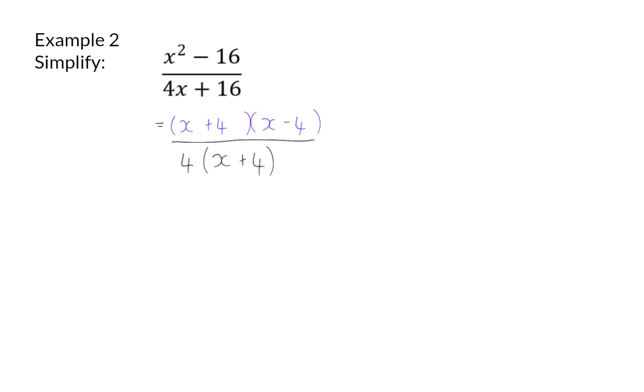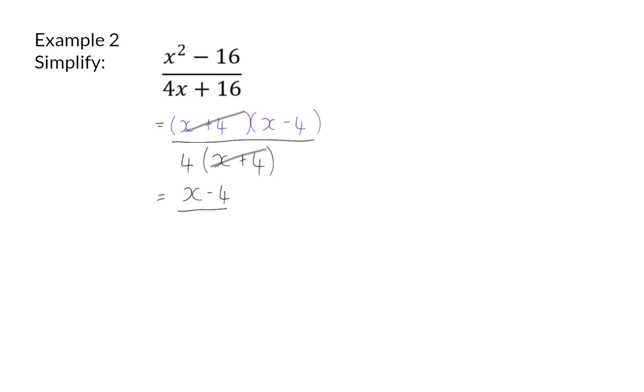Now that everything is one term in the numerator as well as denominator, we can simplify by dividing. Here we have x plus 4 divided by x plus 4, which is 1. And that means in the numerator we have the bracket x minus 4, which you don't have to write in a bracket because it's multiplied by 1.